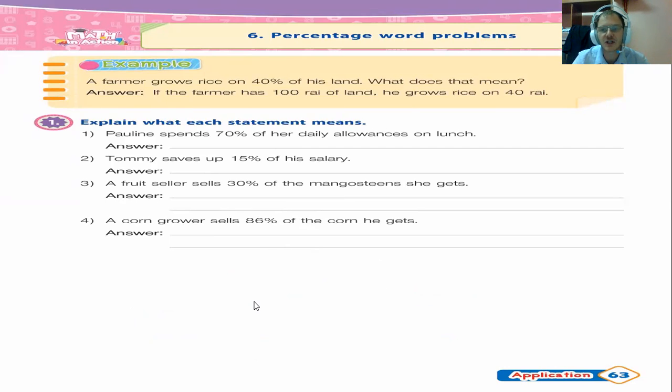So let's see number 1. Explain what each statement means. Number 1. Pauline spends 70% of her daily allowances on lunch. So she spends 70 over 100. 70%. So then we can use this 100 to start our story.